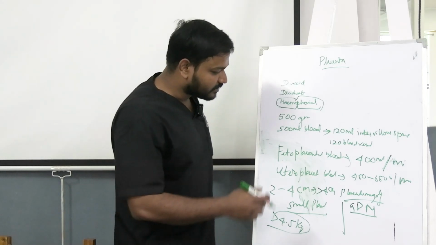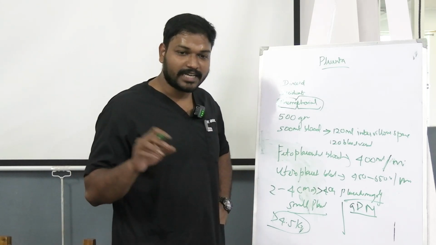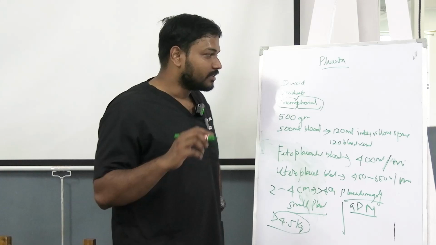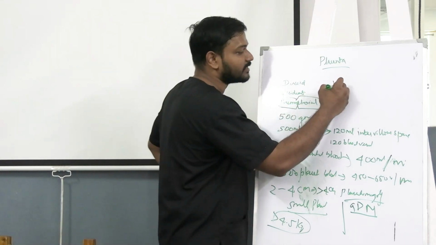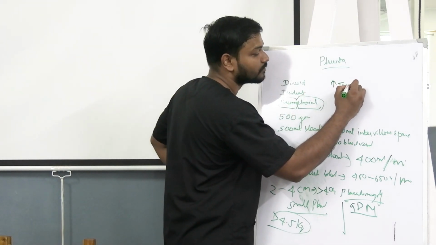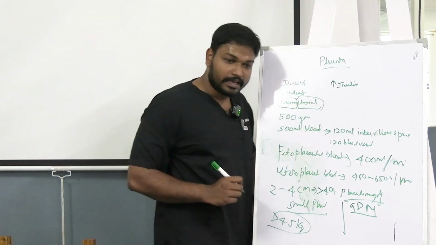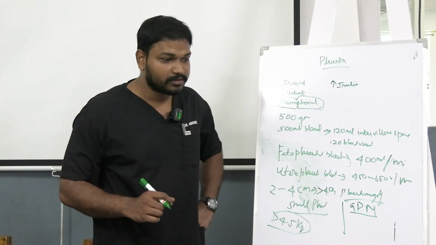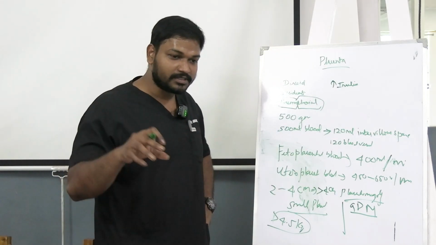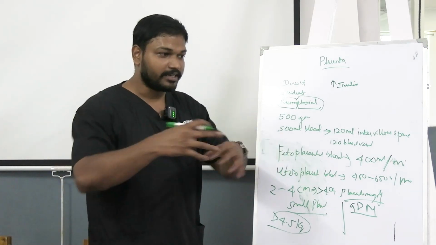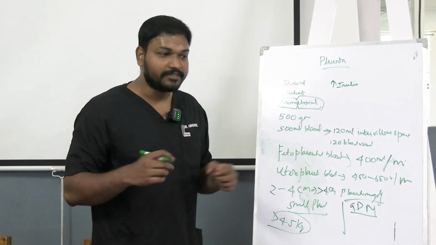So GDM patients, what do they have? Diabetes patients have increased insulin secretion. Insulin is an anabolic hormone. Wherever you give insulin, being anabolic, it takes things and forms things.